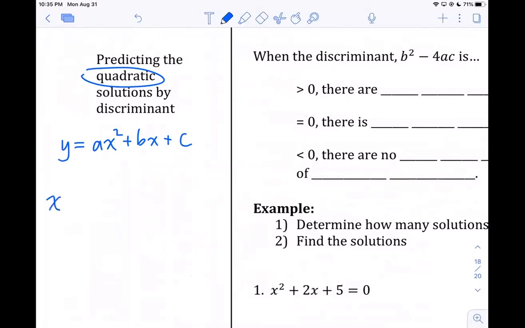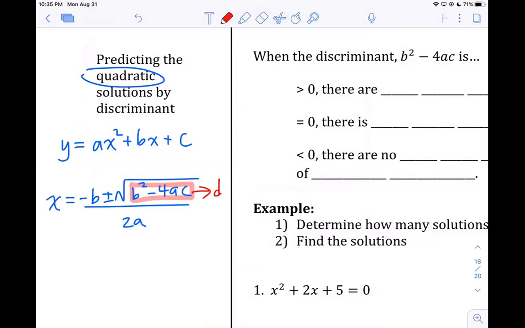That will always solve every single quadratic equation. And remember, the quadratic formula is -b plus or minus square root of b squared minus 4ac all over 2a. So then we can determine the solution by the discriminant, and the discriminant is this part inside the square root. Sorry, not determinant, discriminant.